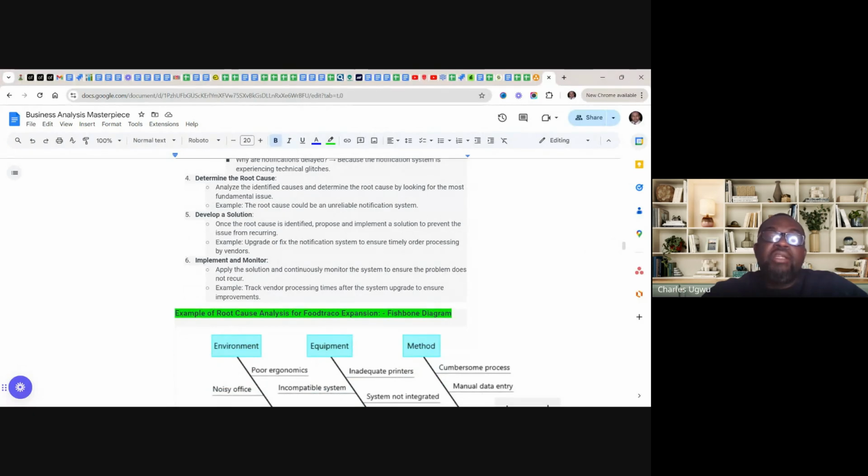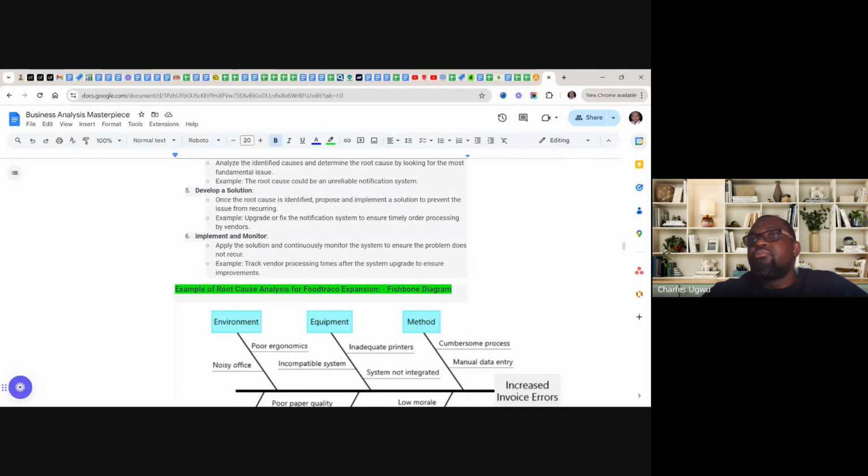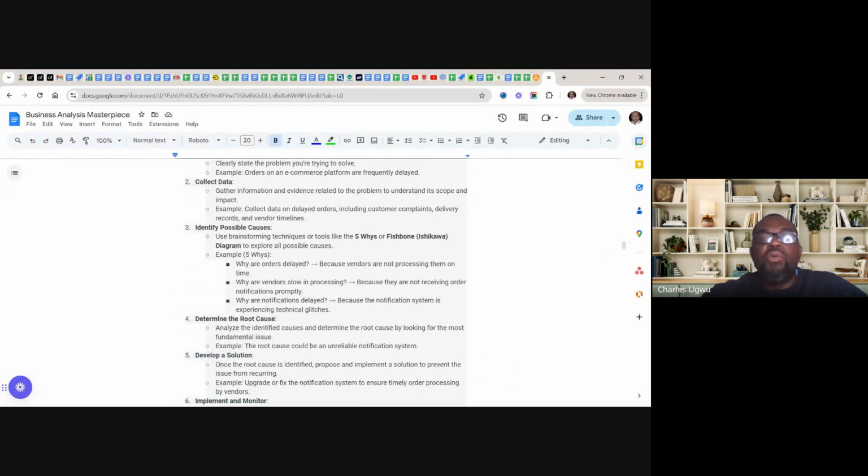At times you can find a situation where you can even combine both of them. So in root cause analysis, we have different tools or techniques. Like when I'm presenting, you see here we have a tool called 5 Whys.